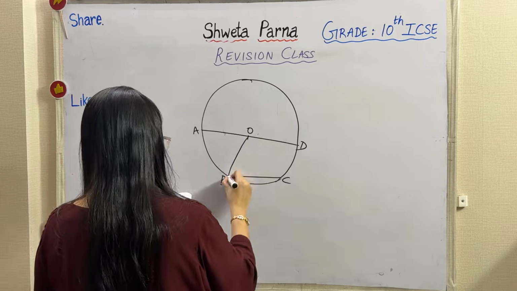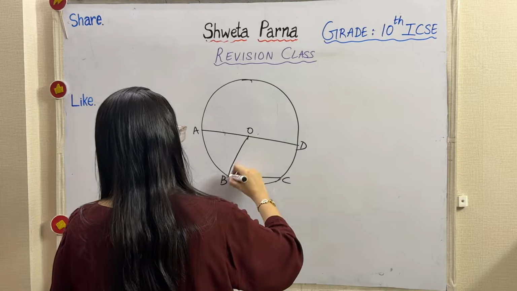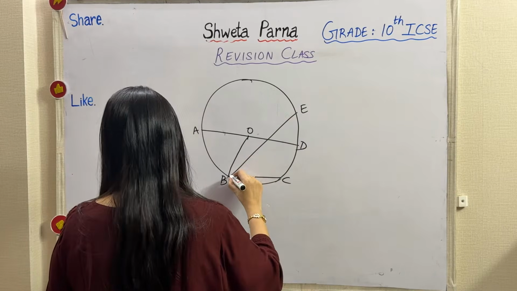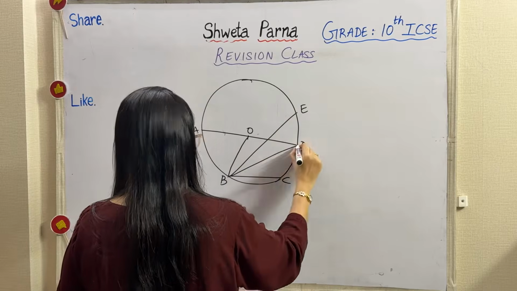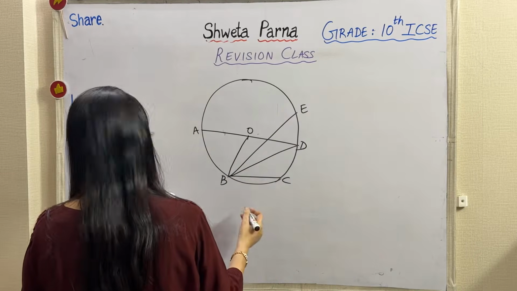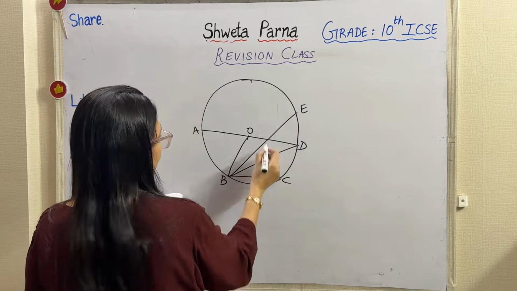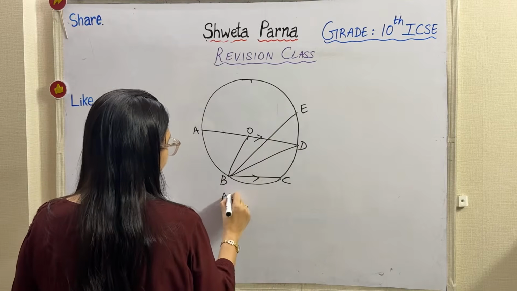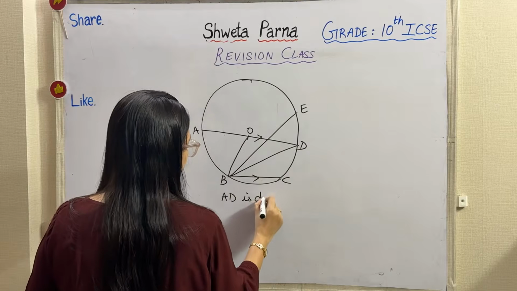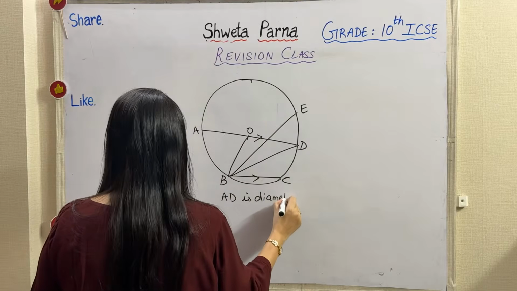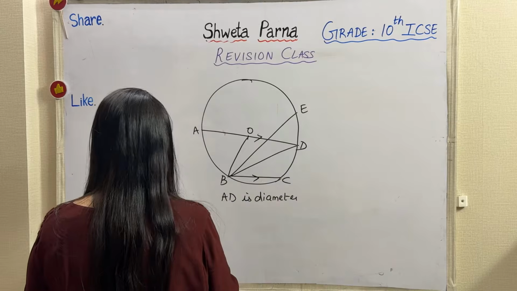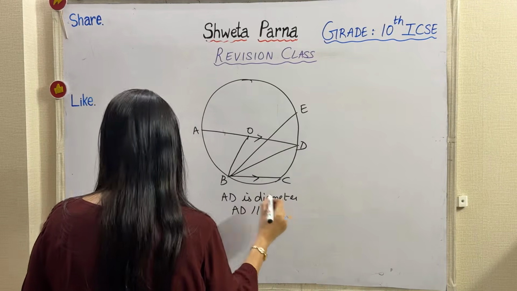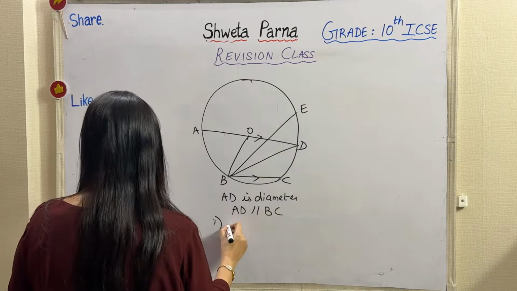I join this. This and this two sides are equal. What information is given? AD is a diameter. And AD is parallel to BC. You have to find the angle.